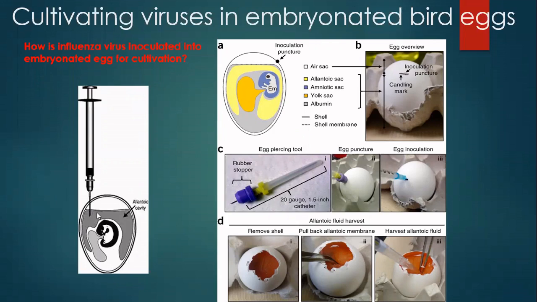So our next step is we want to collect the virus. We want to harvest that virus. So what do we do then? We break open this top shell after 48 hours, and then using forceps, the shell flap is removed, and the shell membrane and the chorioallantoic membrane are pierced, and with the help of a sterile pipette, the allantoic fluid, which now has a lot of viruses in it, is harvested.